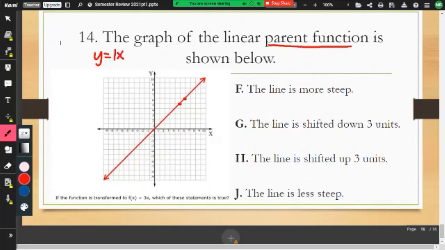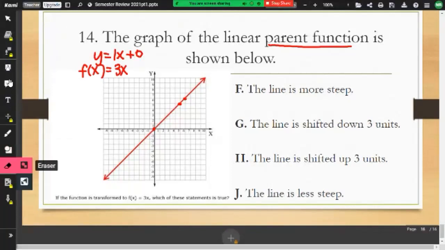So the slope is just 1. It's crossing through where? So that makes it 0. Now they want us to change it to what? It says it's transformed to f of x equals 3x.